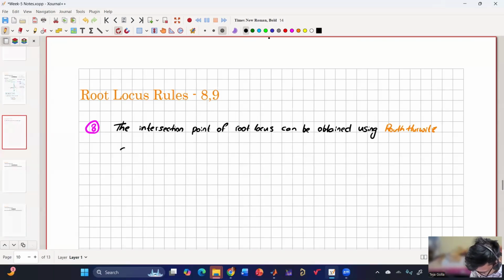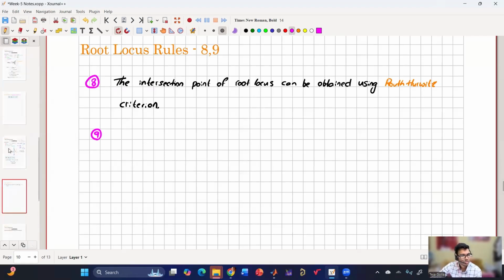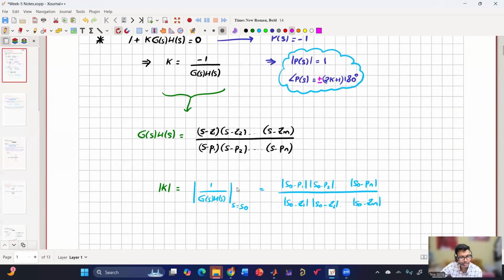Using this criterion, we will be able to calculate that intersection point and also the gain. And how to calculate the gain? Again, at that intersecting point, we can do it from this equation, this one.